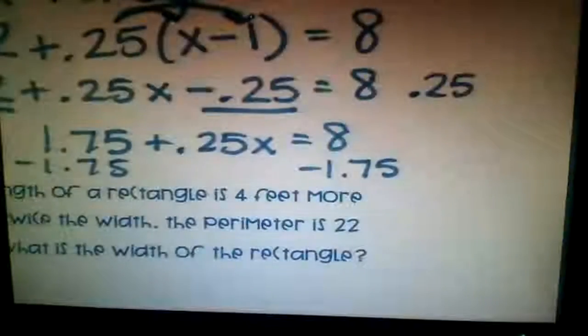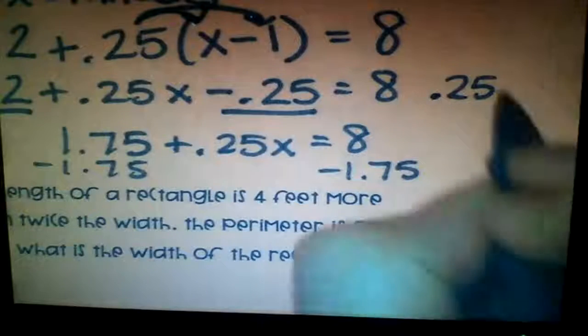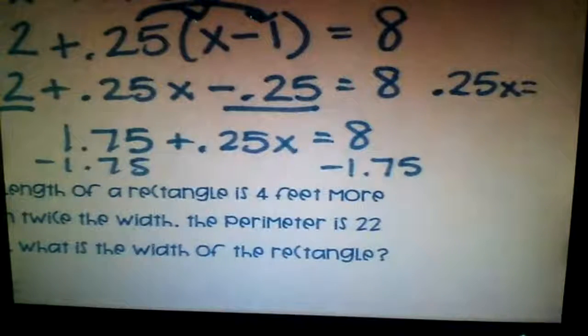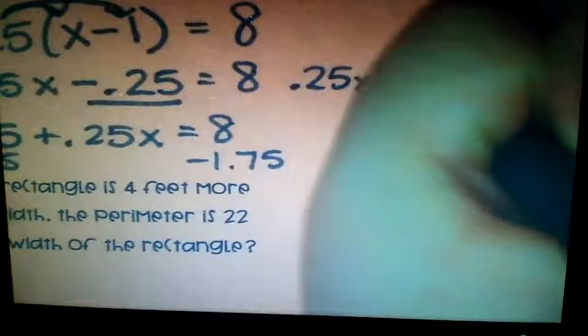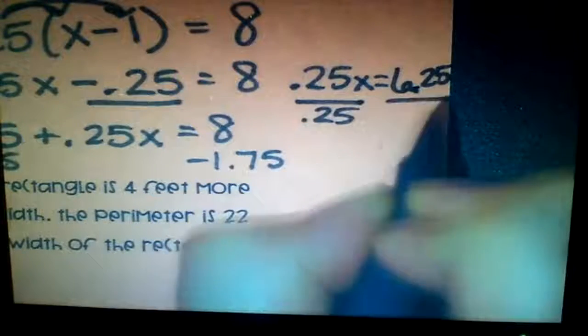So on the right-hand side, you started with $8. I'm taking away $1.75. So you're left with what? How much money do you still have? You started out with $8 and I stole $1.75 from you. We would have $6.25. And then we divide by 0.25.